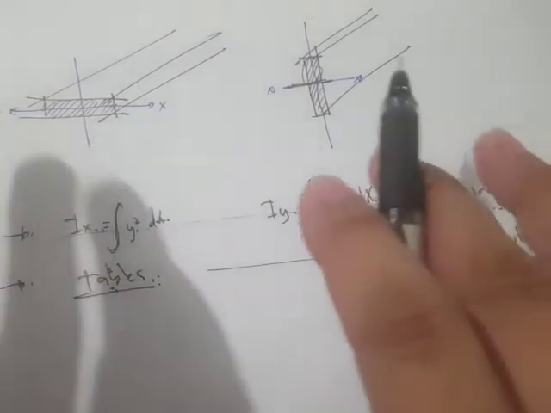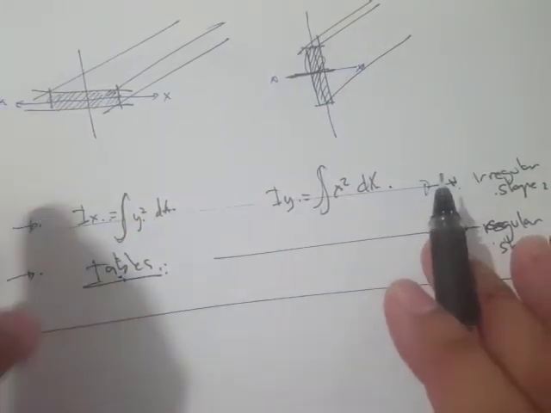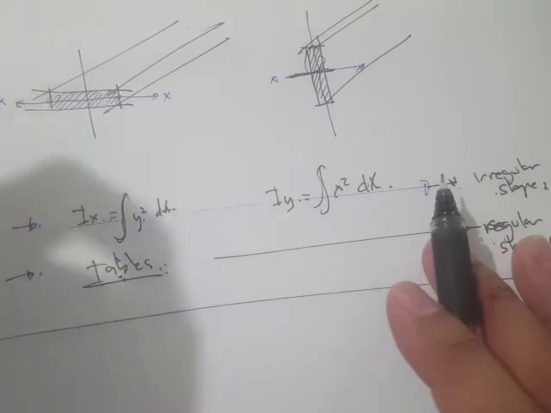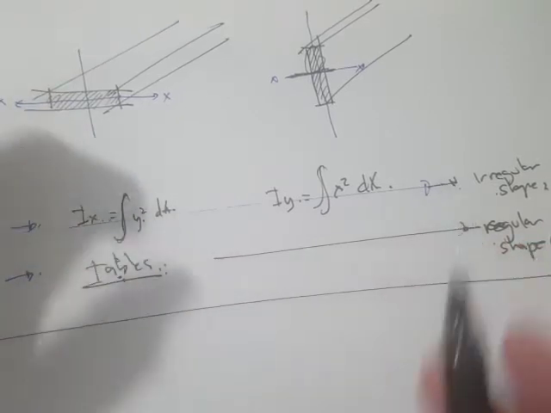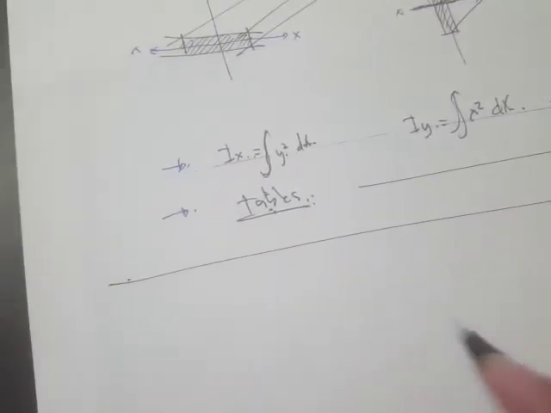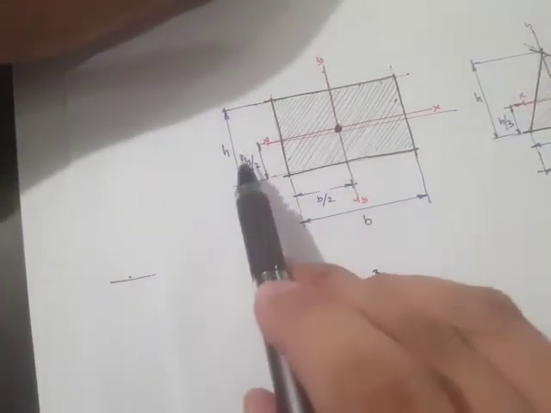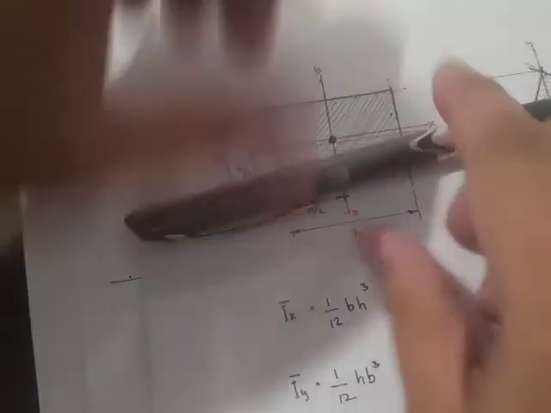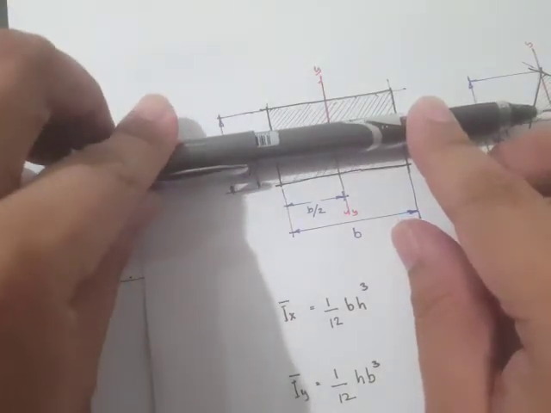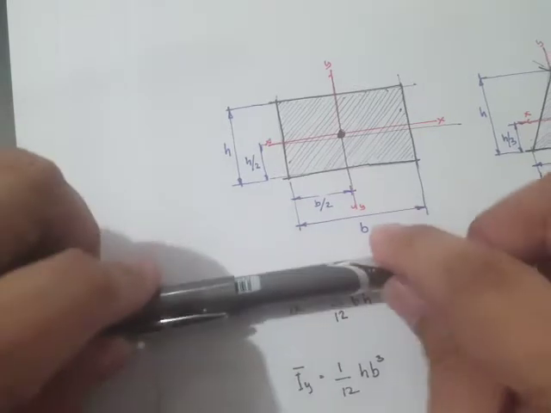But sometimes the axis of rotation that we want is not along the centroid. What I mean by that is, for example, still along the x-axis, but instead of rotating about the centroid, I would like to rotate somewhere here.